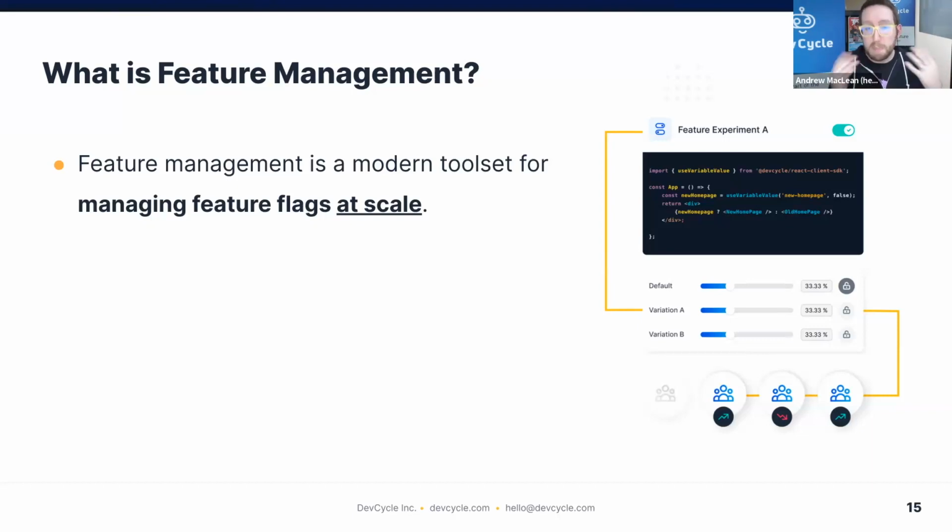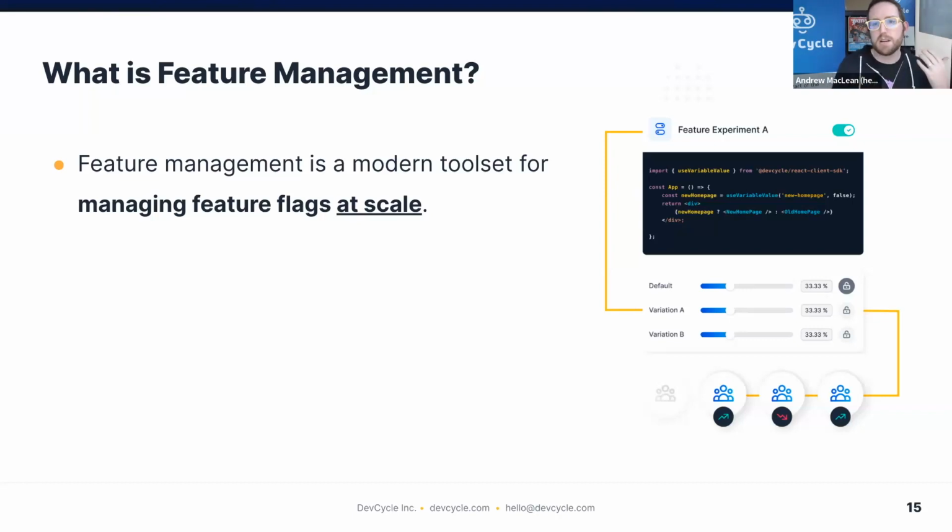So feature management is a new tool set that exists in the world of modern web development that is used for managing feature flags at scale. And when I talk scale here, I'm talking hundreds, thousands, millions of feature flags.